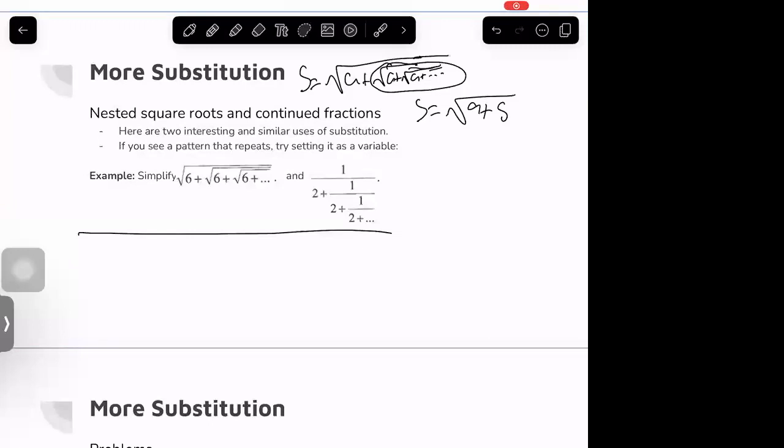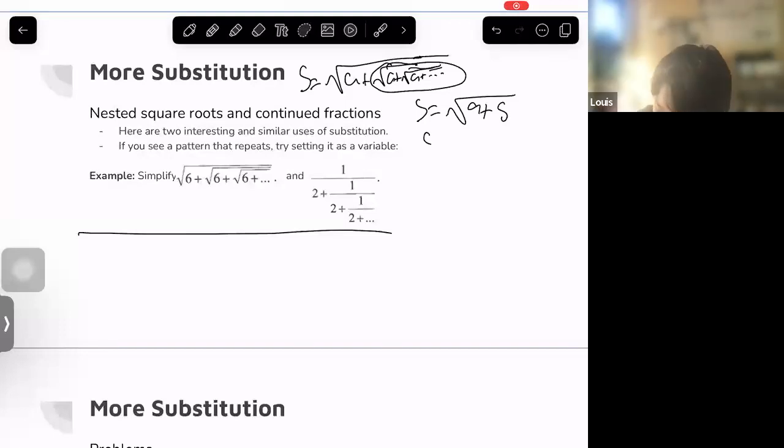Like, you wrote S equals square root of something. So you can just square both sides. S squared equals A plus S. And this is just like the equation x squared equals A plus x, where A is a constant. So yeah.